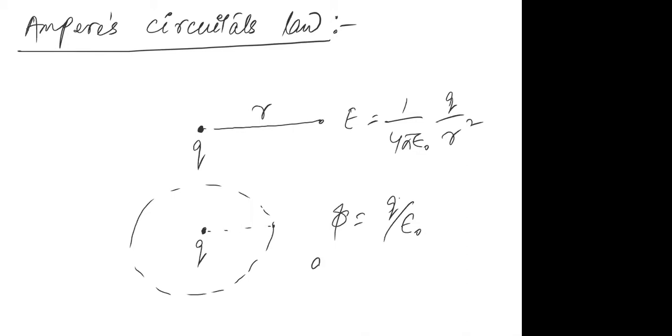We equate this with E into A, and we get the value of electric field from this also, right? What I'm trying to say is that Coulomb's law and Gauss law are alternative forms of each other.